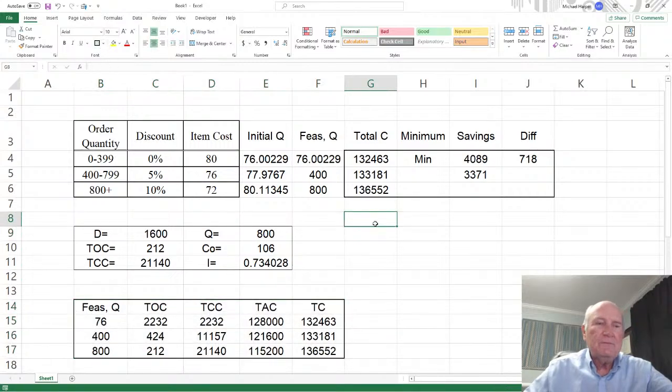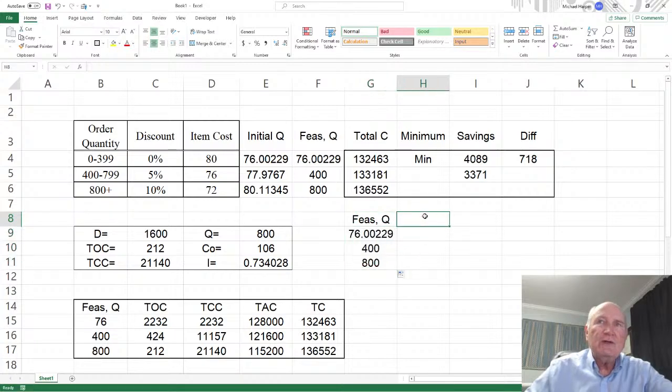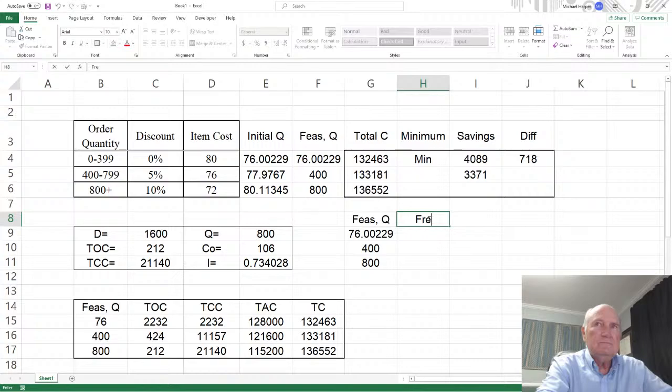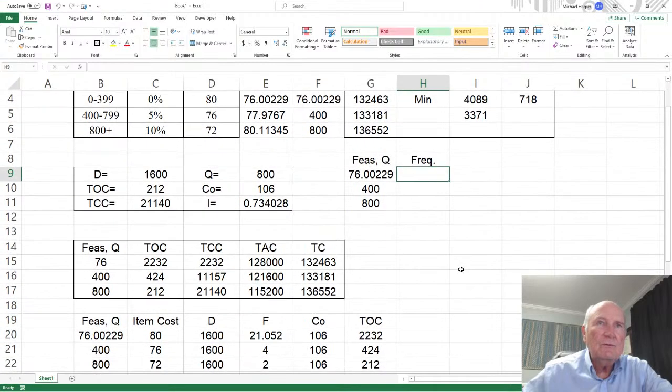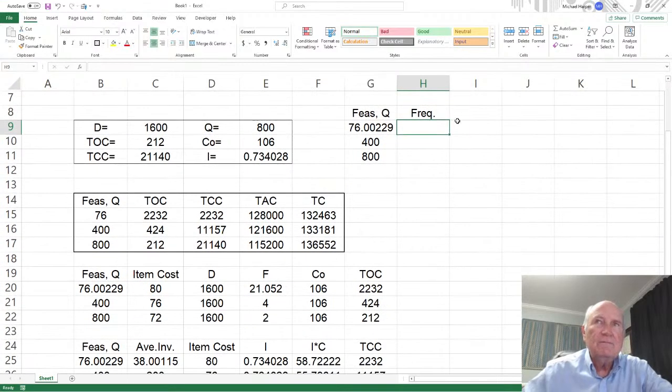Let's come up here and look at the feasible. Copy this down. Now let's look at the frequency. Where's the frequency for each one of these? Here it is, equals this. Let's look at the average inventory.